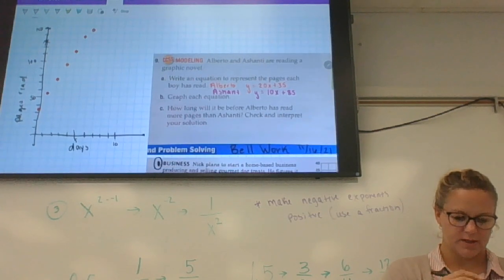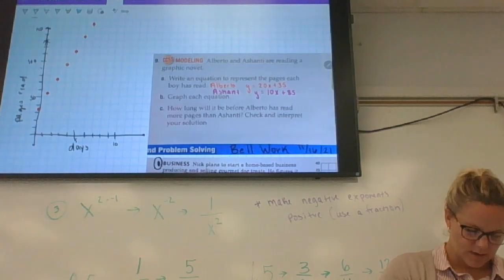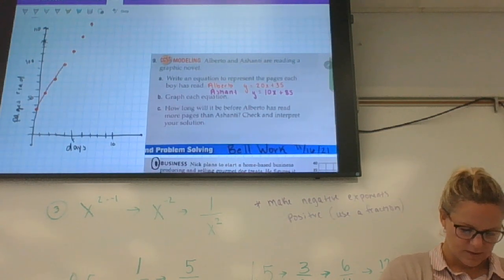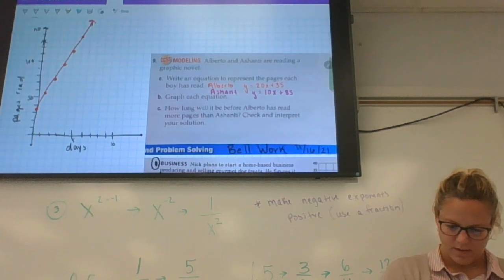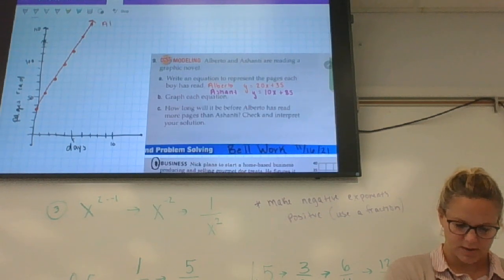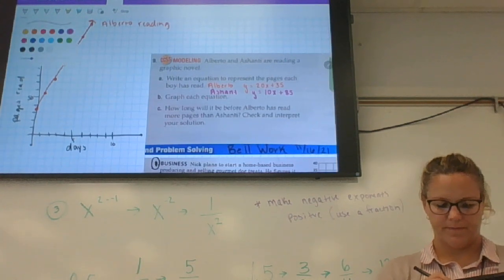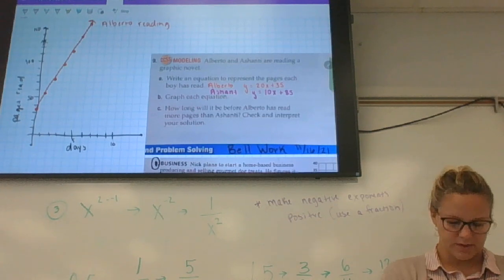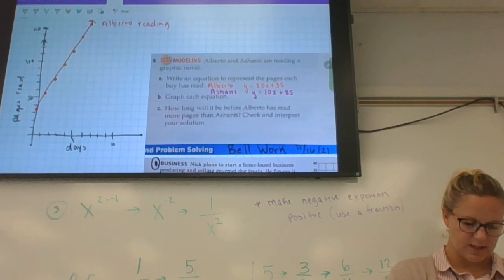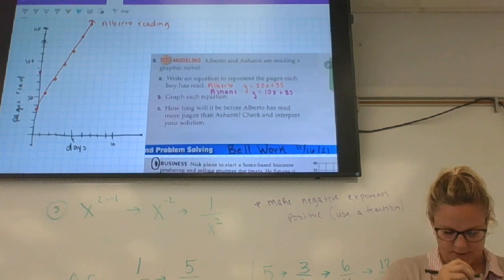It's landing right on the 5s each time. This is Alberto's reading pace. The other one starts way up here, at 85, only going up 10 each time.